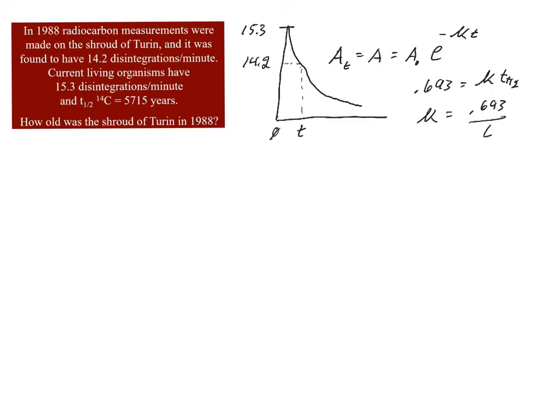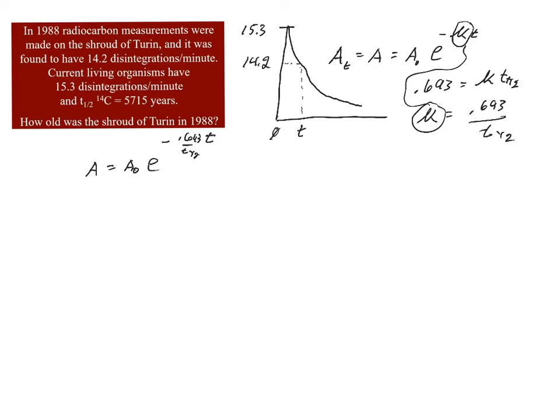Okay, so we can now say that k is equal to 0.693 over t1/2. So now I can come back over here and I can say that A equals A naught e to the minus, and now what I'm going to do is substitute this into here. So I have 0.693 over t1/2, all times t.